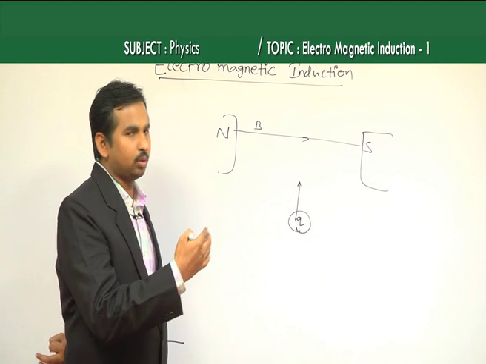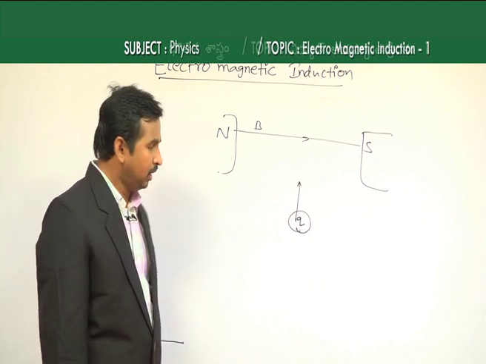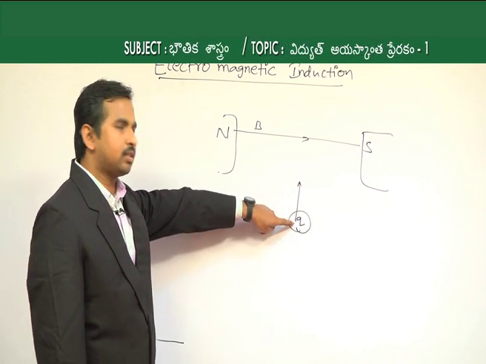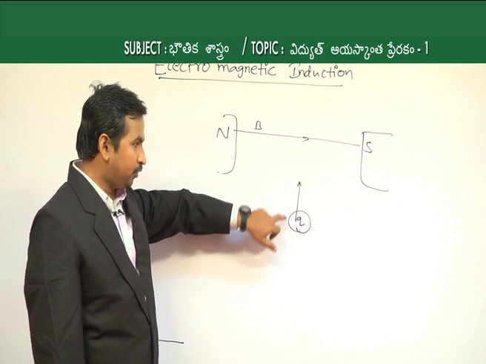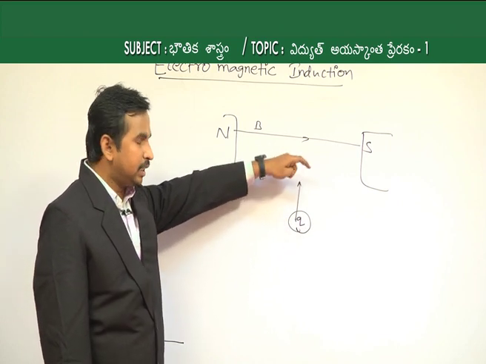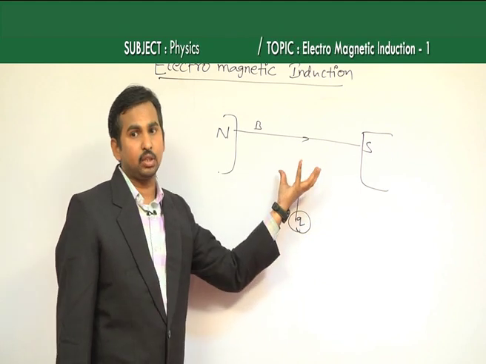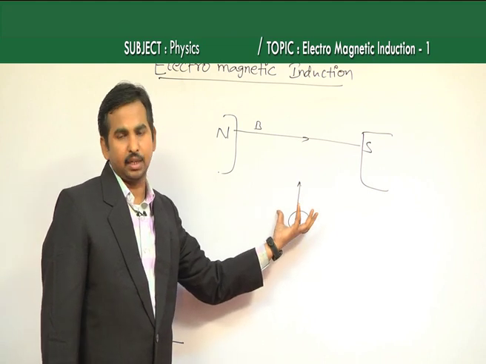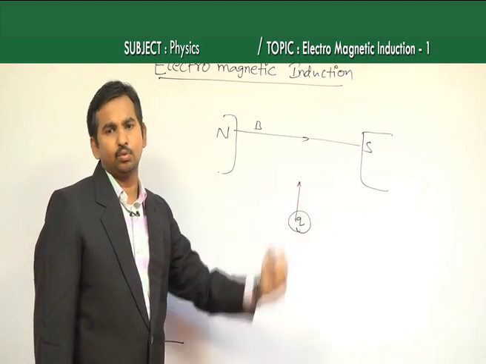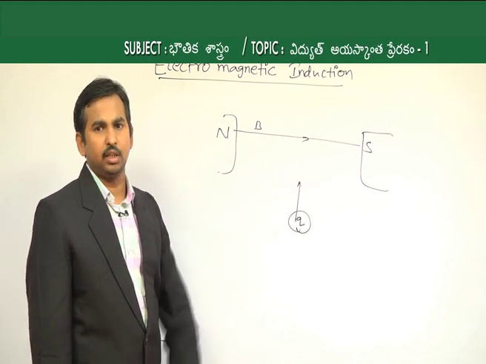Actually, we know from Oersted's conclusion that whenever a charge is moving, it has its own magnetic field around it, and here we have an external magnetic field. This external magnetic field and this magnetic field together produce some force acting on that charge. Now, that force we are taking here.